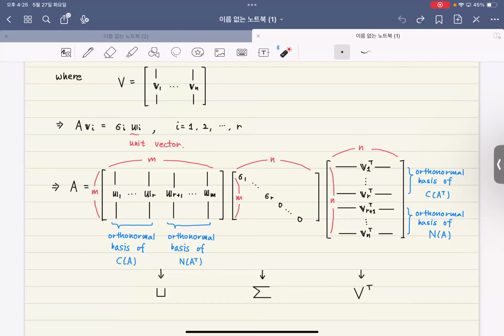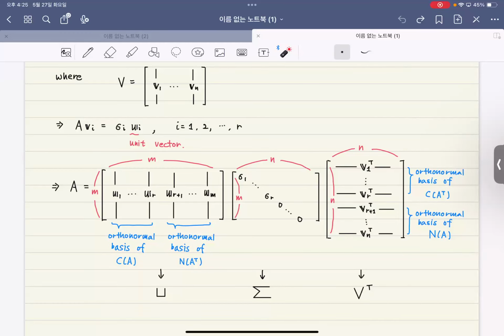If you have the column vector V1 over here, then V1's inner product with the first vector is going to be 1, but V1's inner product with the second vector is going to be 0, right? Because they are an orthonormal basis. So if you multiply V1 over here, the resulting column vector is going to be 1, 0, 0, 0, 0.